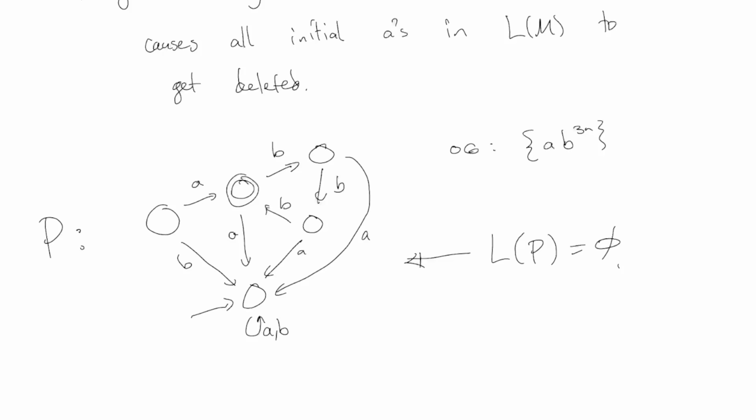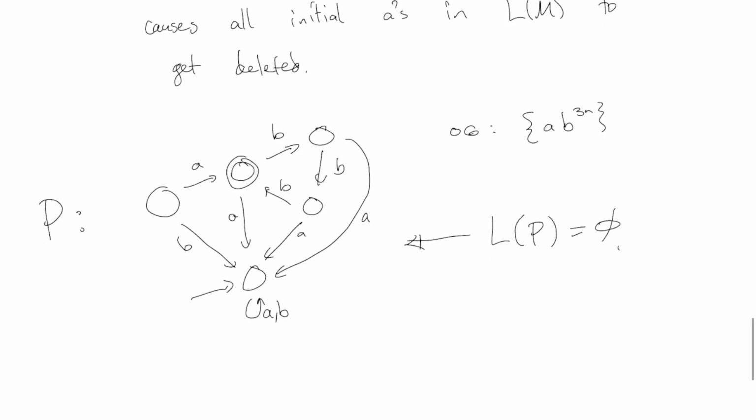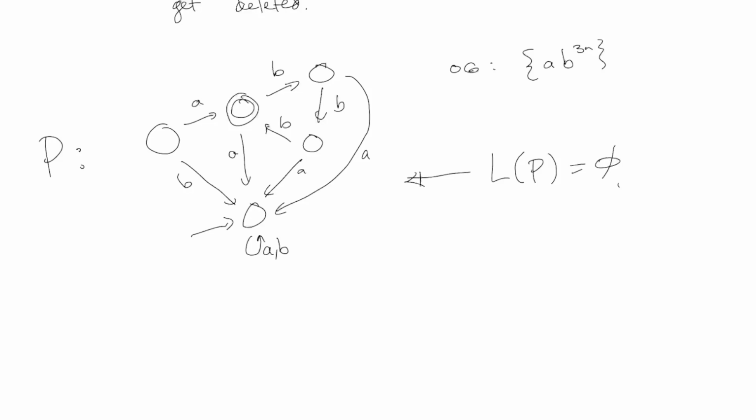So this is kind of the somewhat strange way that the derivative works here. Moving through a B arrow deletes initial B's from the language.